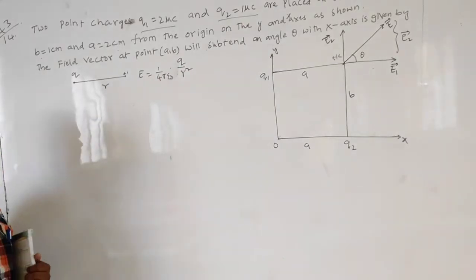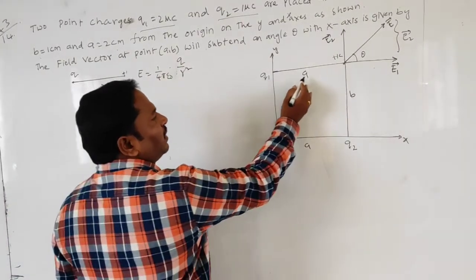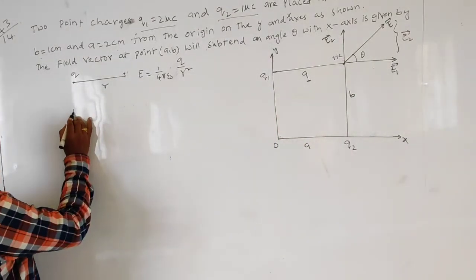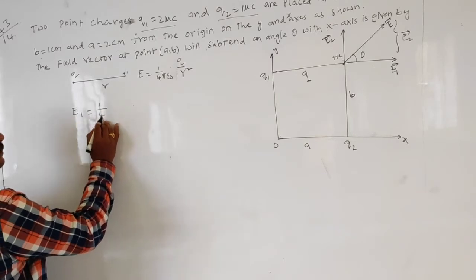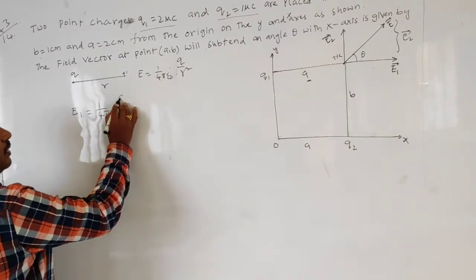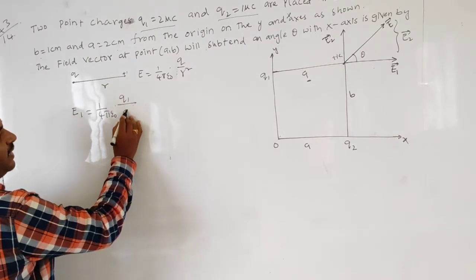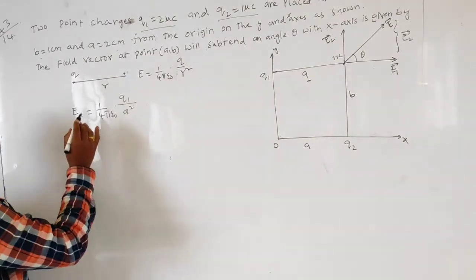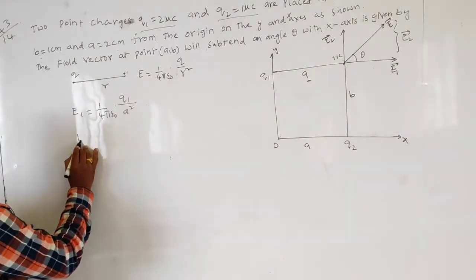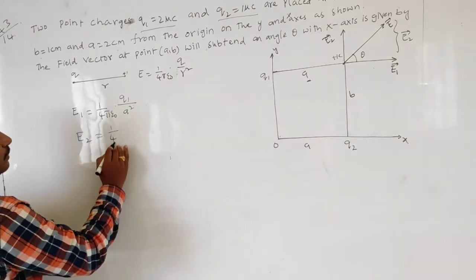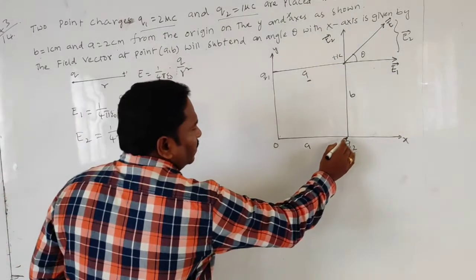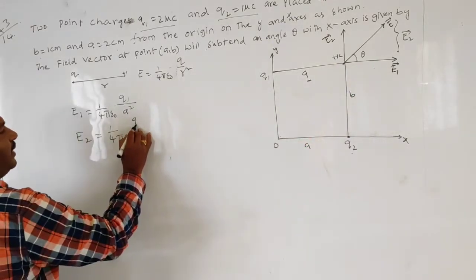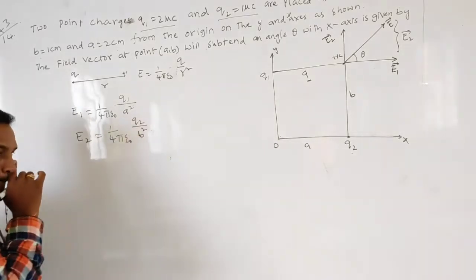So the electric field E1 due to Q1 is 1 by 4 pi epsilon naught Q1 by A square, and E2 equals 1 by 4 pi epsilon naught Q2 by B square.